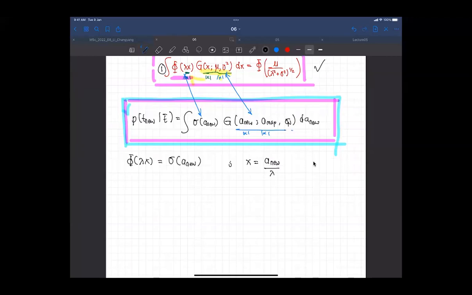Okay, so in that case, P of P nu given P bar equals the integral of sigmoid A nu multiplied by G, A nu divided by alpha, given A and AP divided by alpha and sigma n.